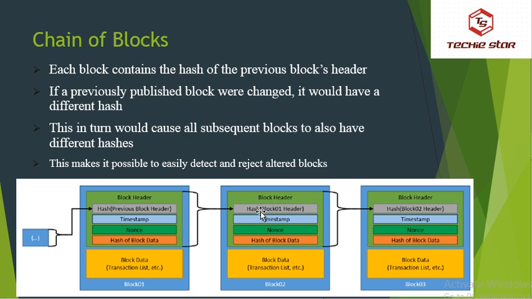Similarly, block 2 has the hash of block 1. Block 3 will have the hash of block 2. So the hash is the reference to the previous block. All blocks come together and form a chain which is immutable.